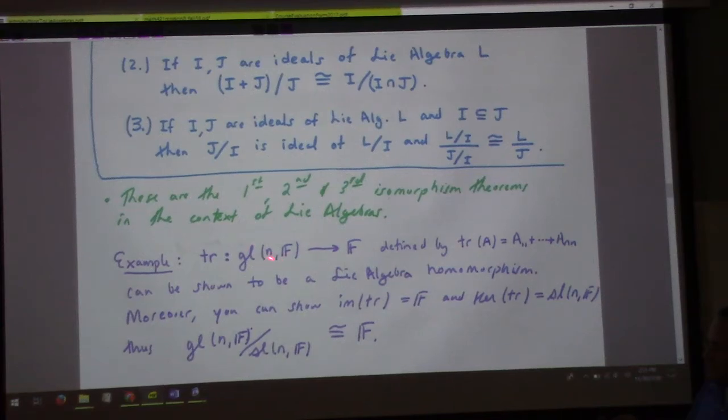In other words, what matrices go to 0? The matrices with 0 trace. So the kernel of the trace map is exactly, by definition, little sl_n(F). So this shows you that gl_n mod sl_n is equal to the image of this, but it's easy to prove that the trace map is surjective. Now that does feel more like one of your homework problems, doesn't it? I feel like I asked you to show that in the homework, didn't I?